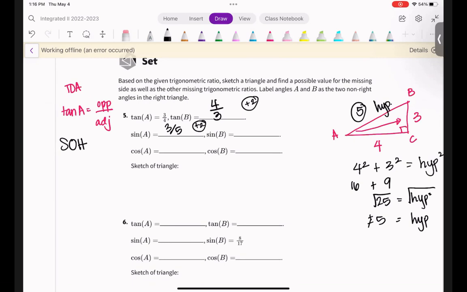So cosine, what did you guys get for cosine of A? Someone said 4/5. If you got 4/5, that's correct. So give yourself another 2 points. Oh, you can leave it as 4/5.